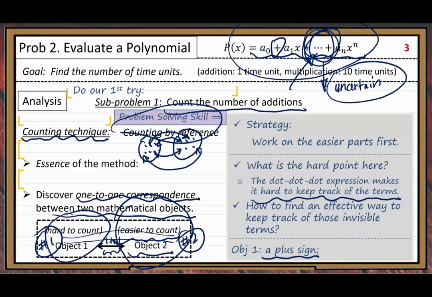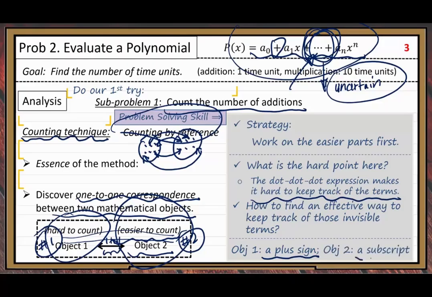One plus sign corresponds to one addition. To count the number of additions in the given polynomial, that's the same as counting the number of plus signs in the formula of this polynomial. So the first object 1 is the plus sign. Then, what's the second object?